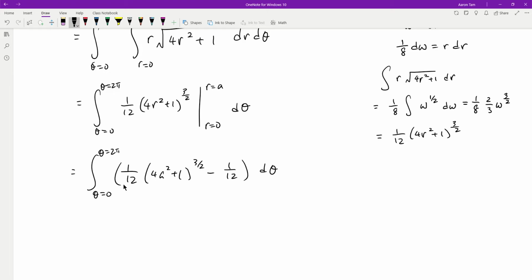And notice that this whole thing does not involve theta at all. So I can actually just pull this whole thing out, because it is a constant, and just deal with the integral from 0 to 2 pi d theta, which would just be theta evaluated from 0 to 2 pi, which is just 2 pi.